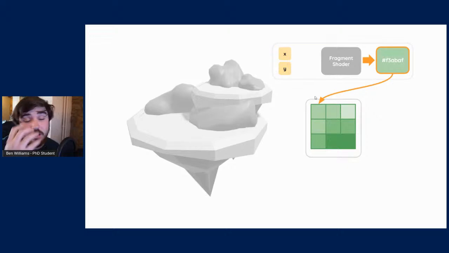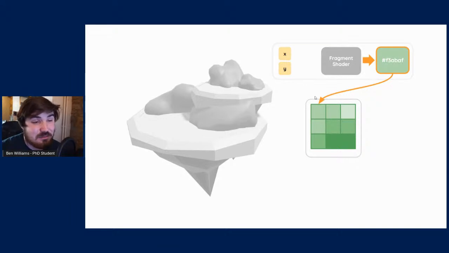So what a fragment shader does is it determines the color of an object. Where a vertex shader changes the shape of that object, the fragment shader can change the color of that object. And if you combine the two, you can do pretty much anything.